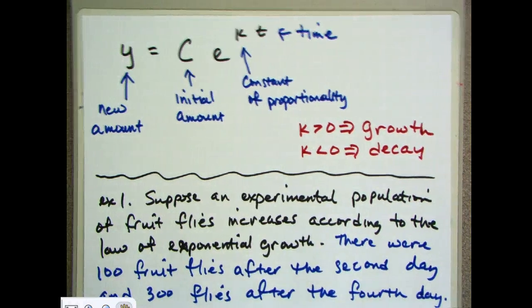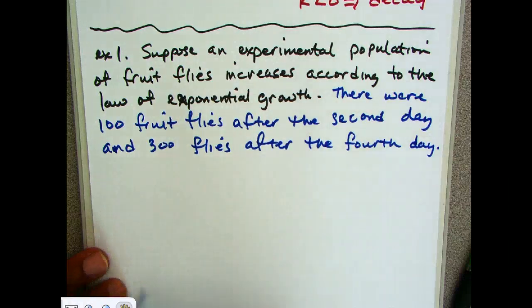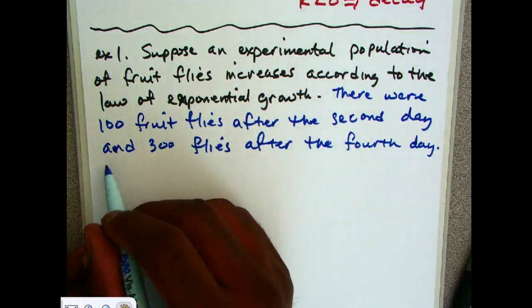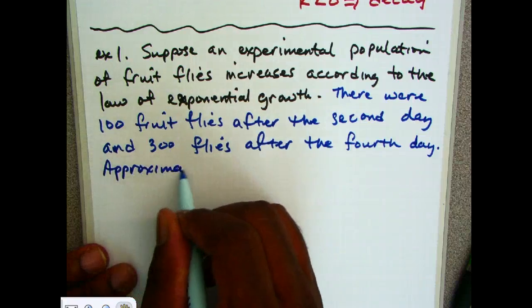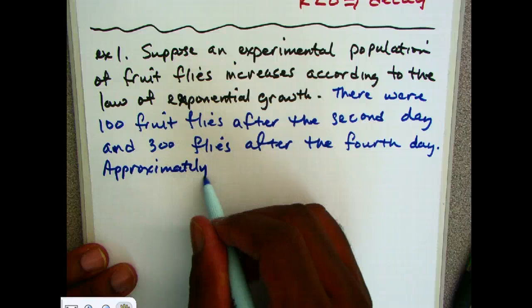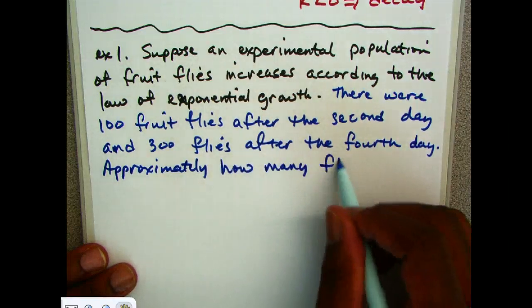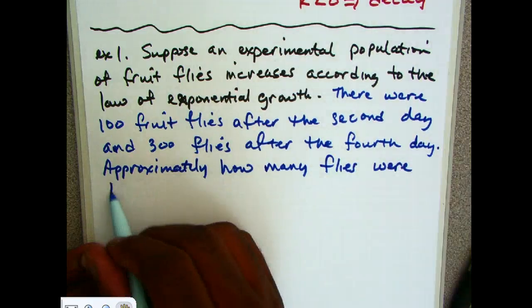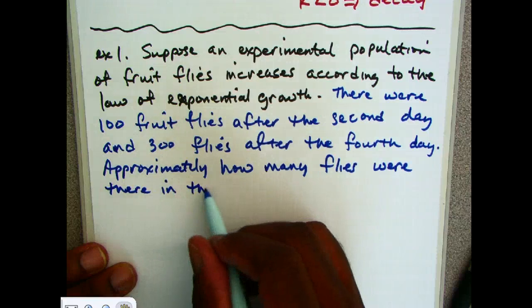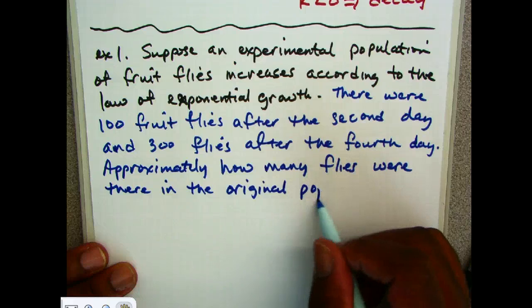What I want to know is approximately how many flies were there in the original population.